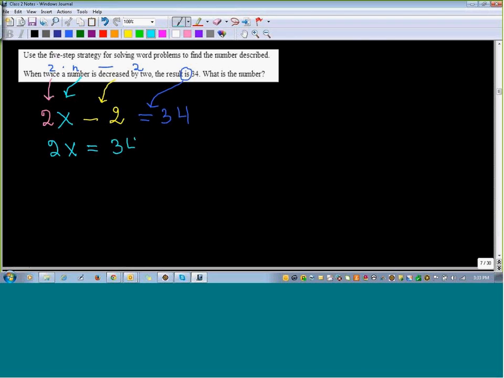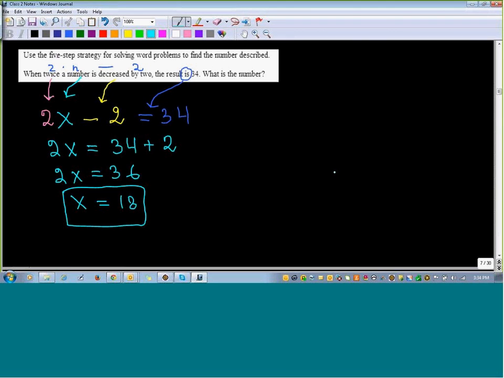Do we have questions on that one? Next: one number exceeds another by 23, and the sum is 65. Let's make that number x. It doesn't matter. And that exceeds another by 23.